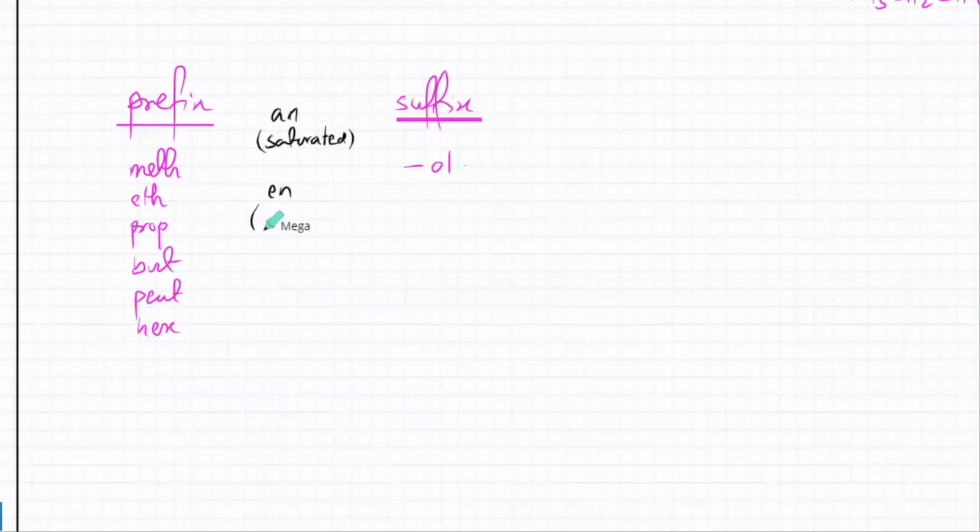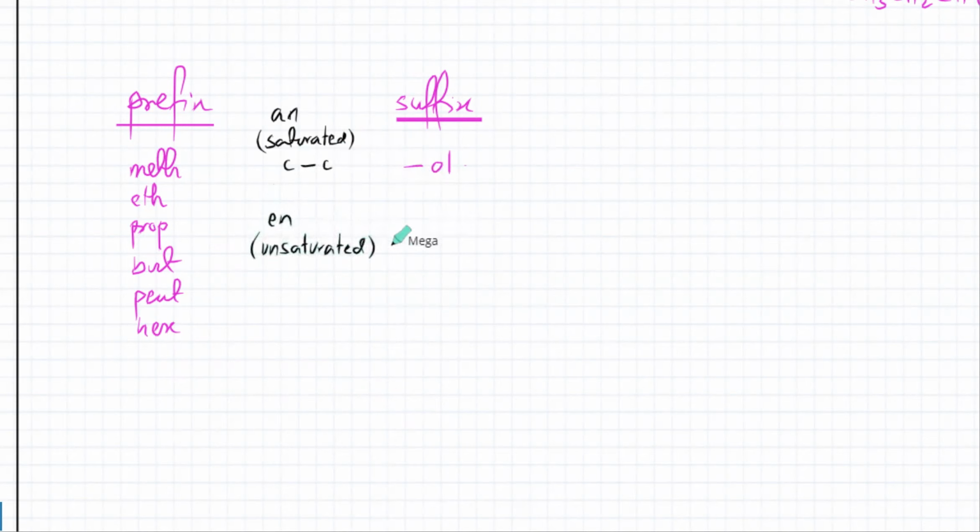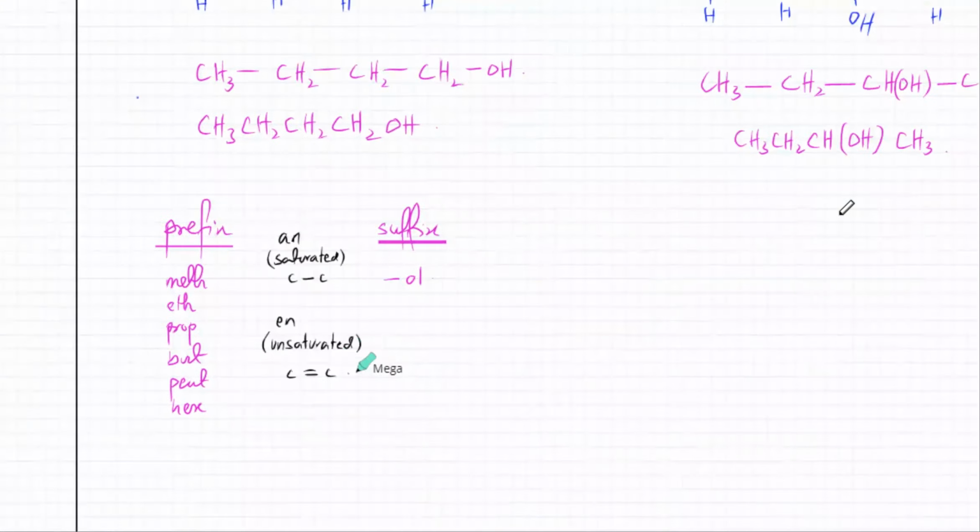So I'll write this down. Saturated means carbon and carbon have a single bond. And if EN comes in the name, that indicates that the carbon and carbon have a double bond somewhere.